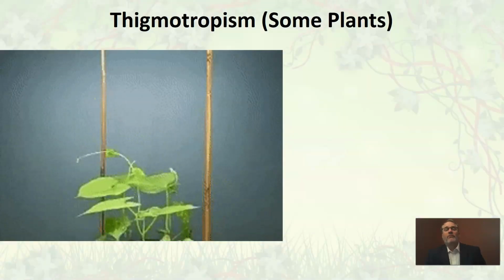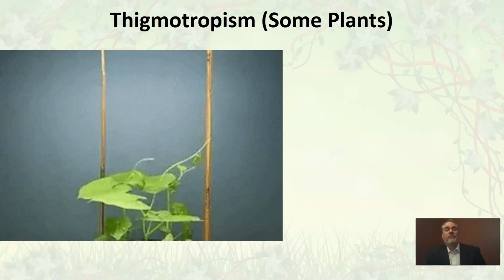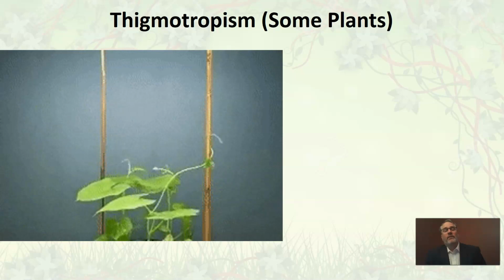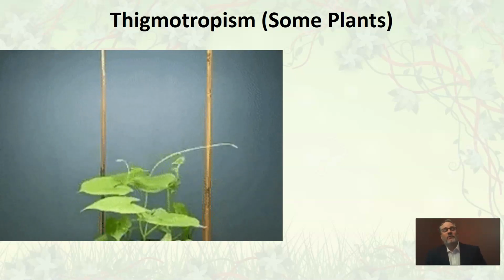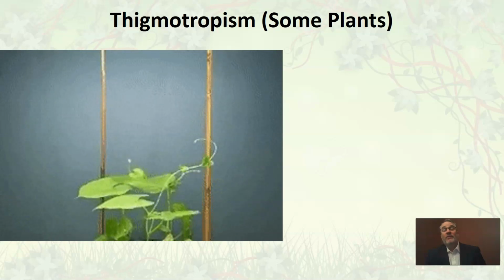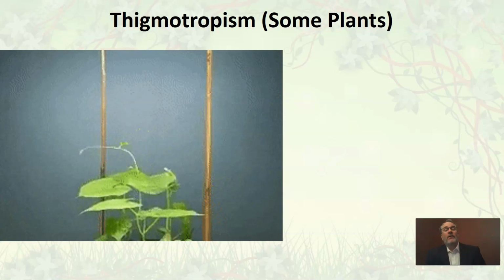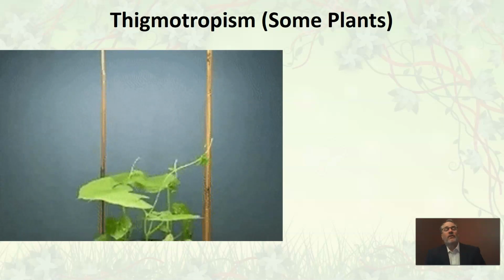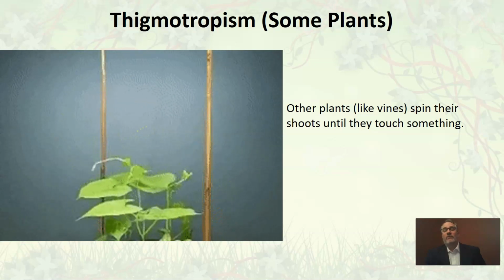We also have another type of thigmotropism, which happens in some plants, and maybe you've seen this before. This is a time-lapse video. We can see that some plant stems twirl into the air until they touch something, and once they touch something, they begin to coil around it. This is very typical for things like vines.